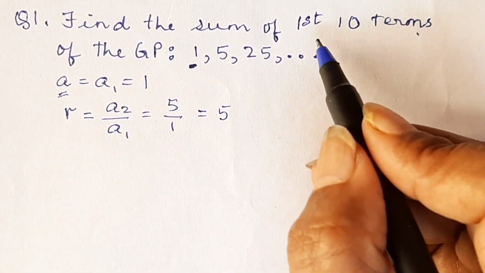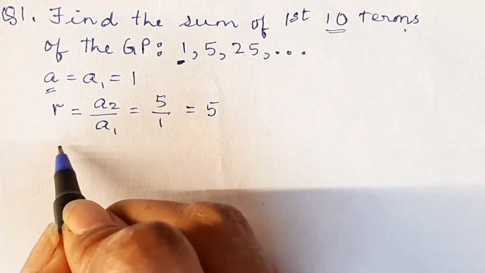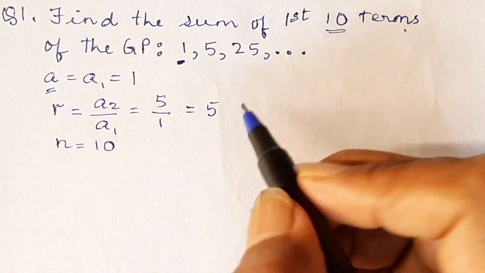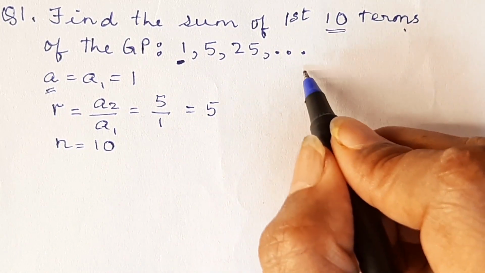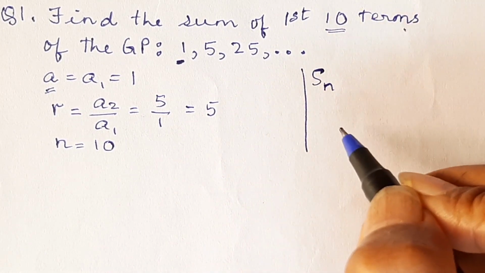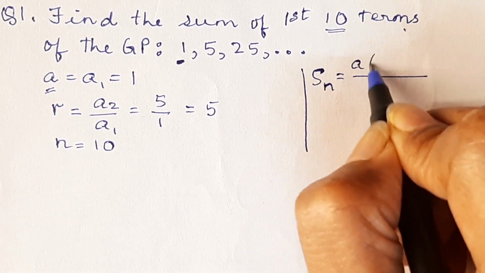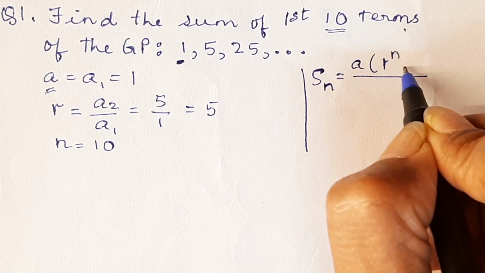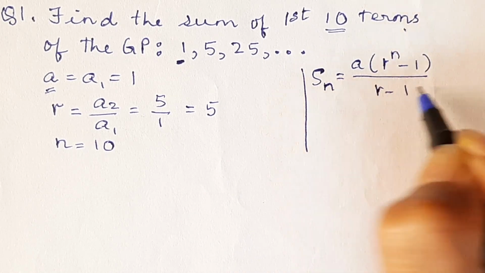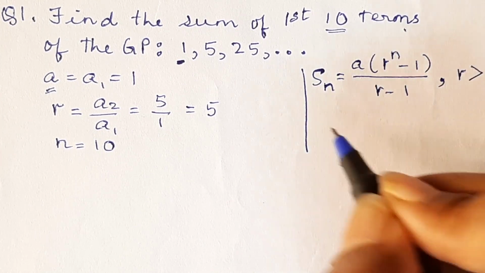Now, we need the sum of the first 10 terms. So we know that n is equal to 10. Also, we have the formula for the sum of n terms, which will be a into r to the power n minus 1 upon r minus 1 if our r is greater than 1.